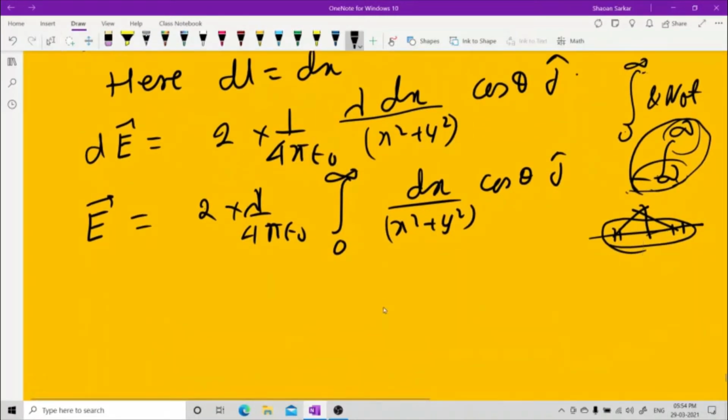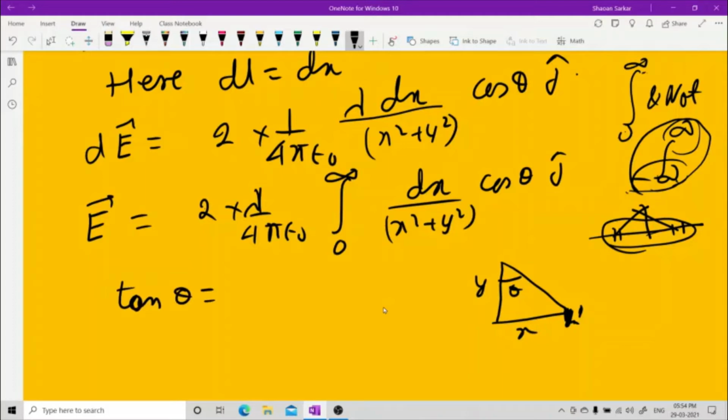Now if you see that figure, this was y, this was x, this was the elementary length dx, and this is theta, so tan theta is x upon y.